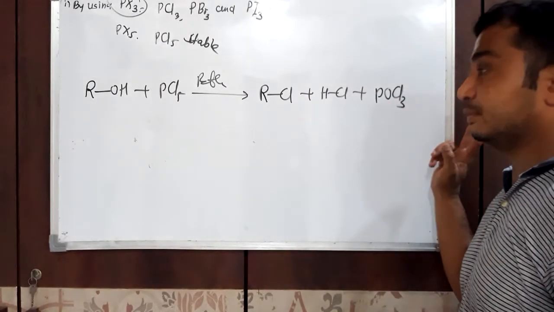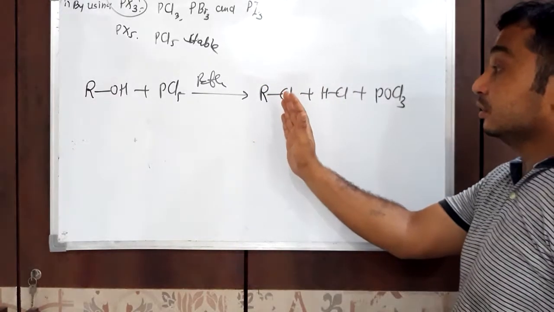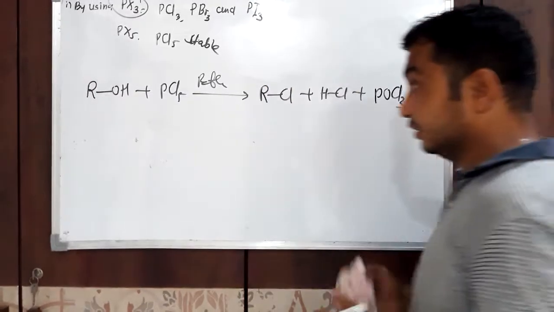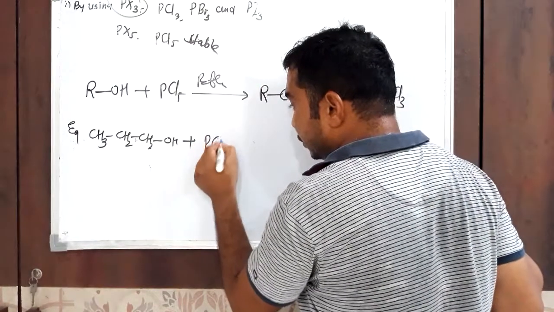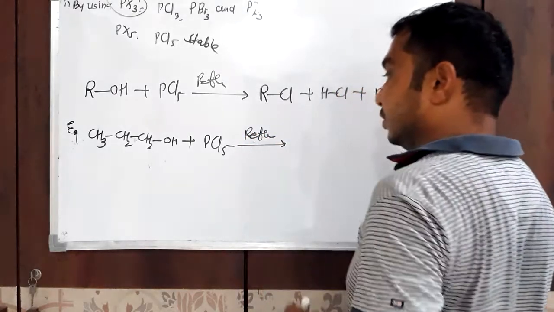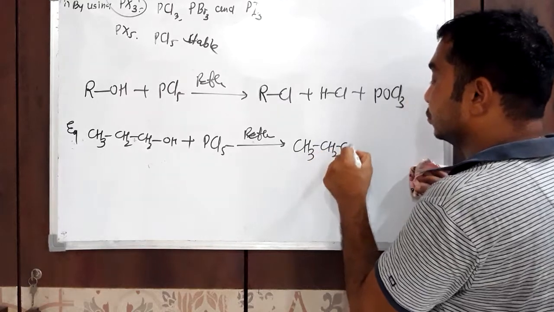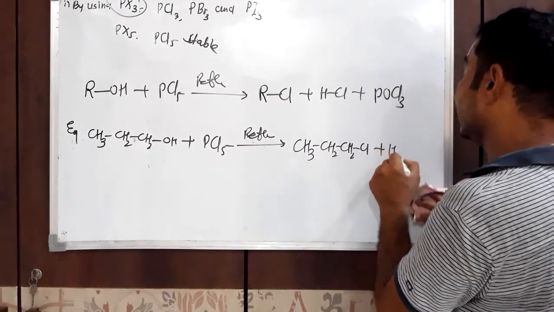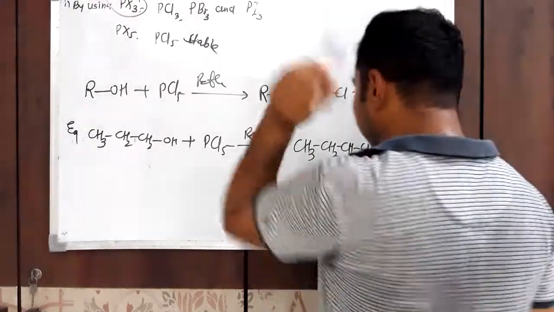These two are side products, and we have to separate them from the alkyl chloride and then purify it. For example, take 1-propanol and reflux with PCl5. Reflux means heating. Then you will get CH3CH2CH2Cl plus HCl plus POCl3. So these are the methods.